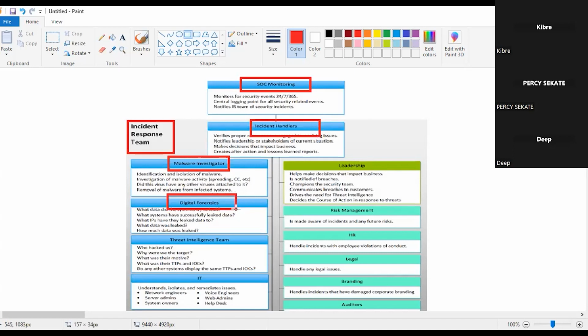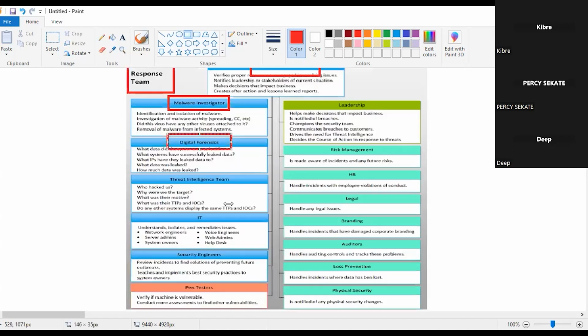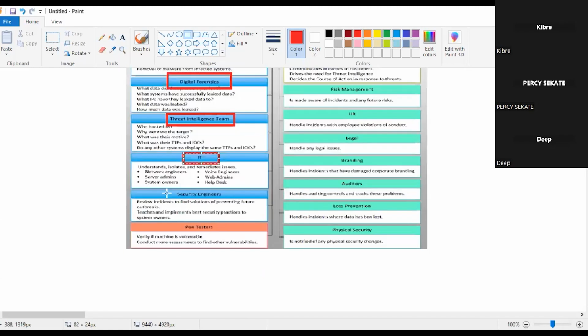Forensics comes after the attack, when it's a crime. Threat intelligence. There are pre-attack teams, IT, security engineers, and this is our section, pen testers, penetration testing. So anyone holding CEH or CPT is going to come into this team.